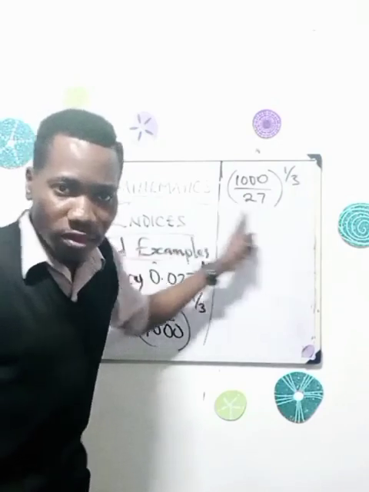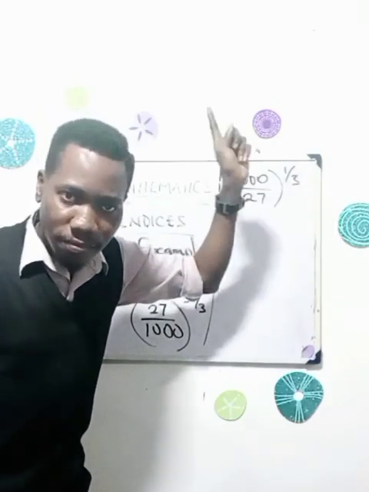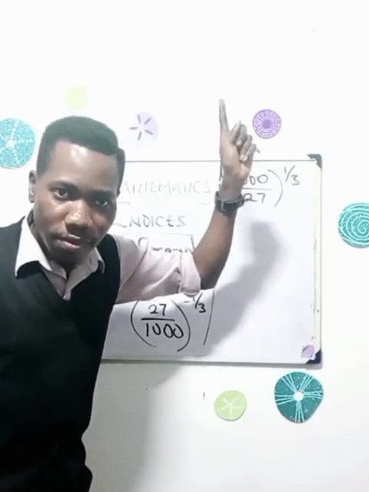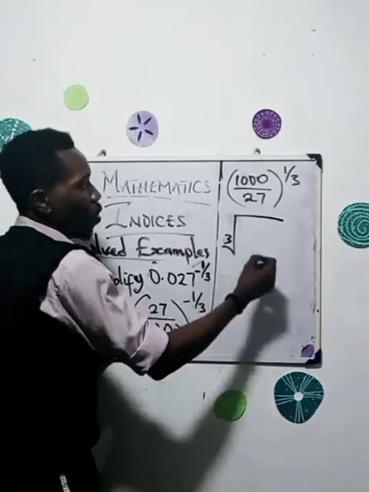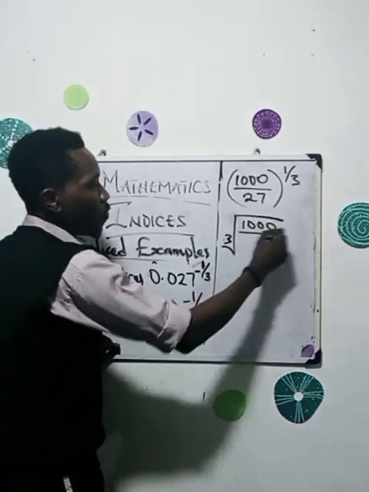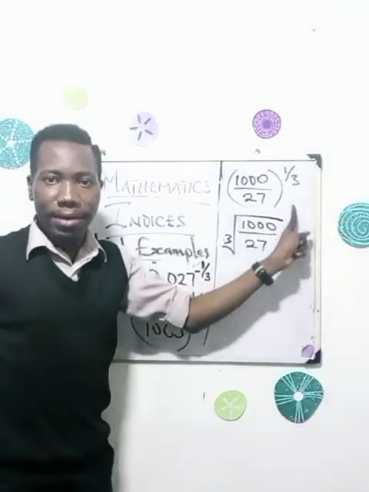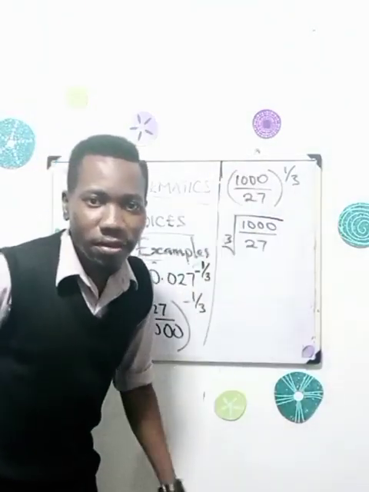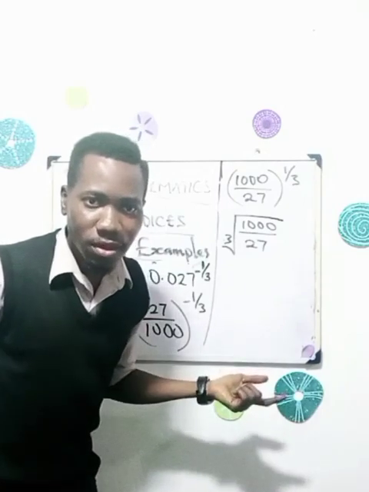So you're going to cube root this, alright? You get the cube root of 1000 over 27 raised to the power of 1, which is useless. It's not having any effect on it.